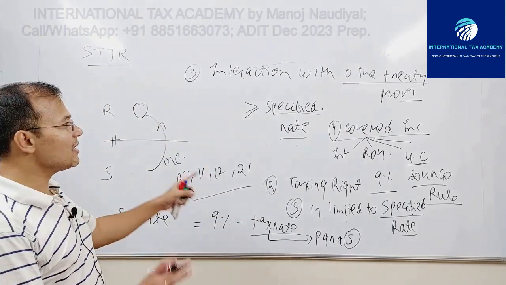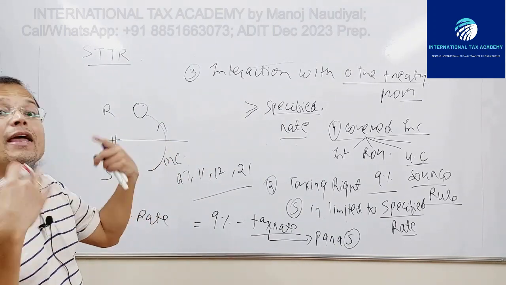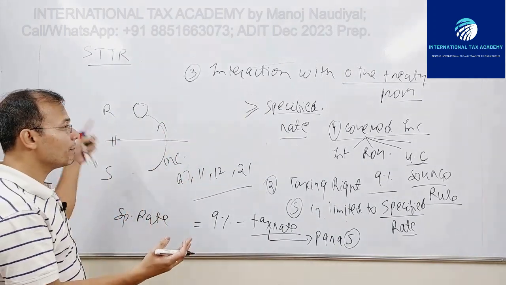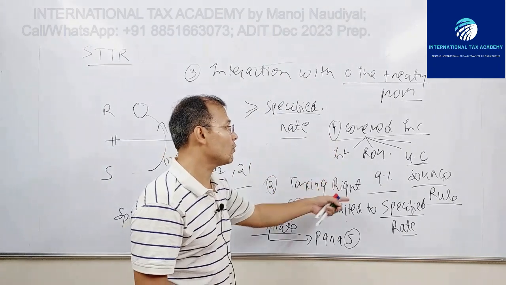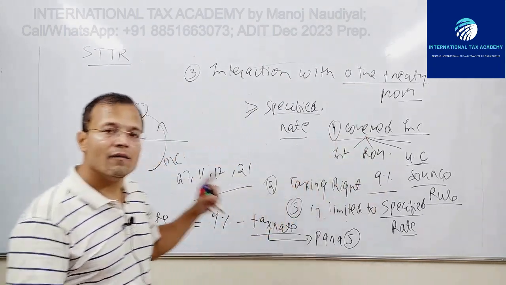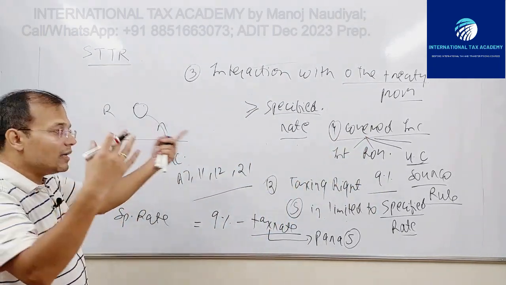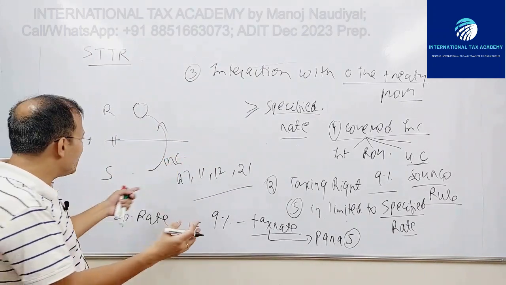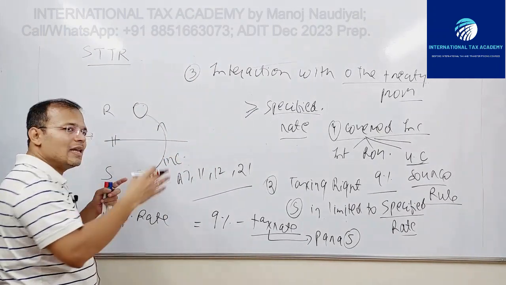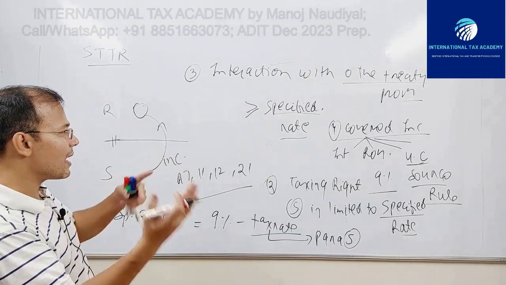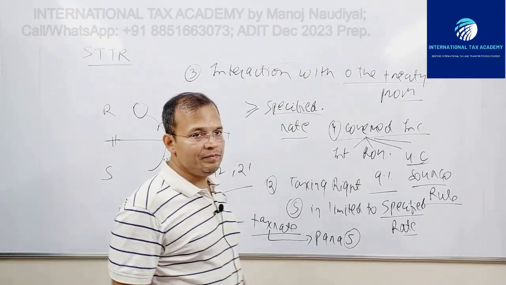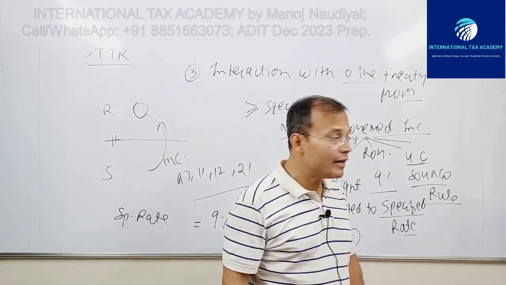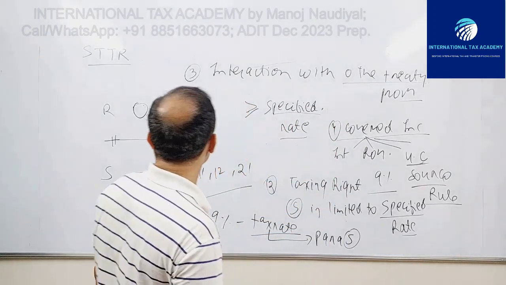So it says that whenever the payer of the income, payer of interest, payer of royalty, payer of other payments, is a resident in S state, then we'll say that this income arises in S state. Source rule.